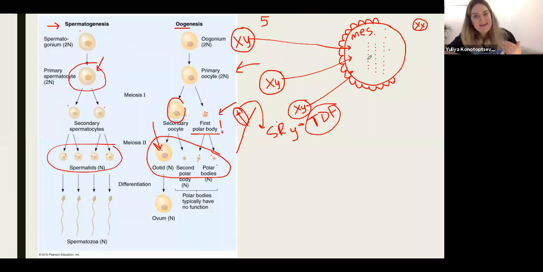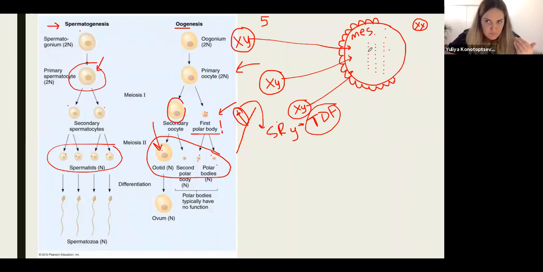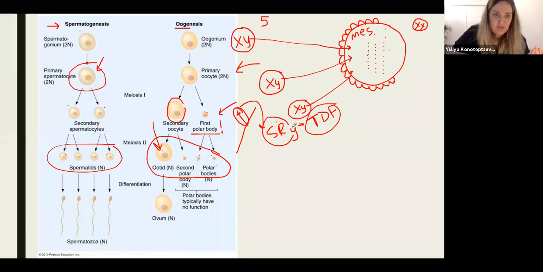To stay in the sex cords, these PGCs carrying XY chromosome need TDF. To persist as the sex cord, you have to have TDF. Who can give me TDF? Sex determining region. But where? On the Y chromosome, on the short arm of the Y chromosome.